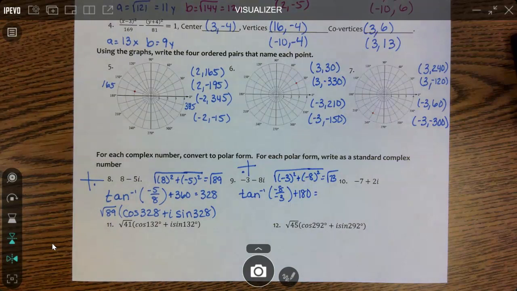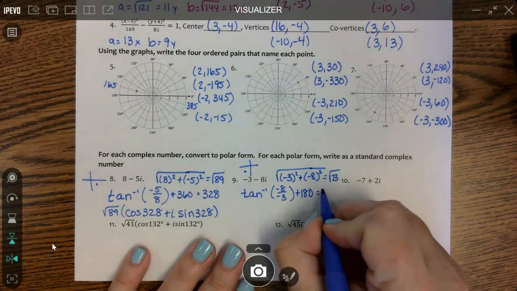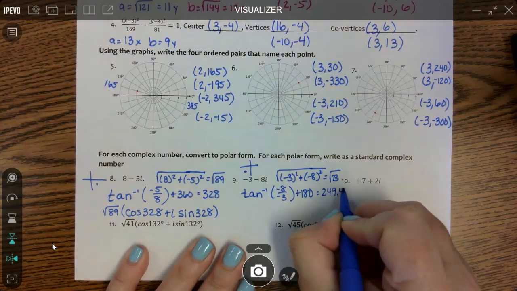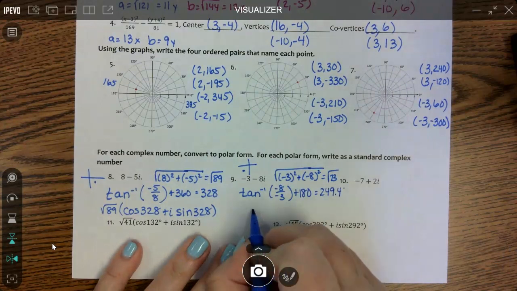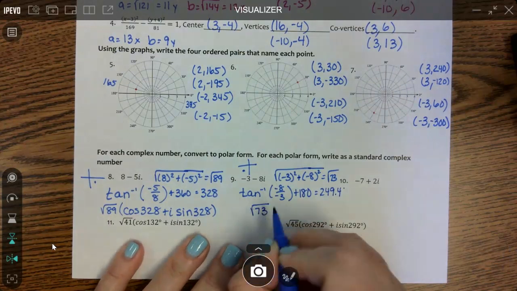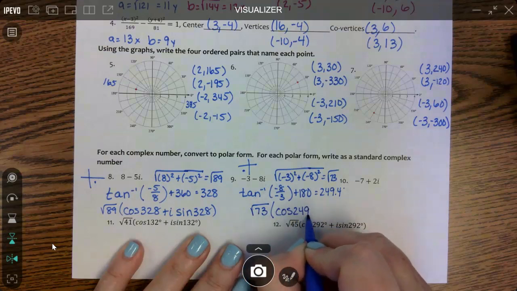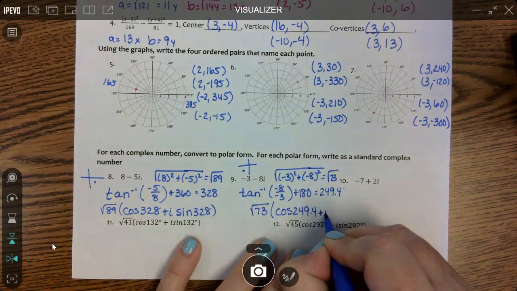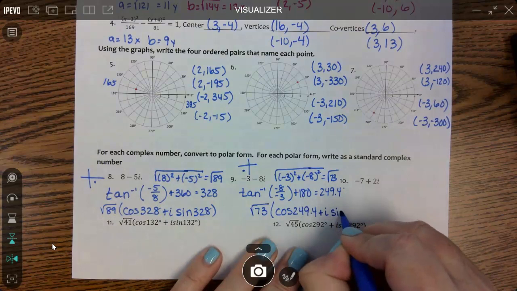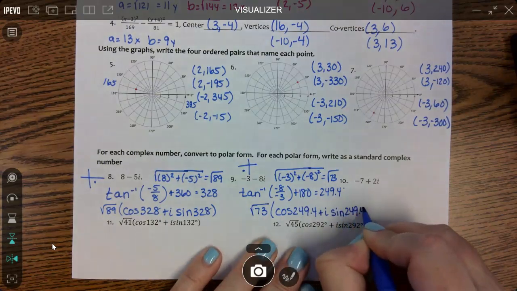I hope I'm not going too fast. And I get 249.4 degrees. So my final answer is square root of 73 cosine 249.4 plus i sine of 249.4.